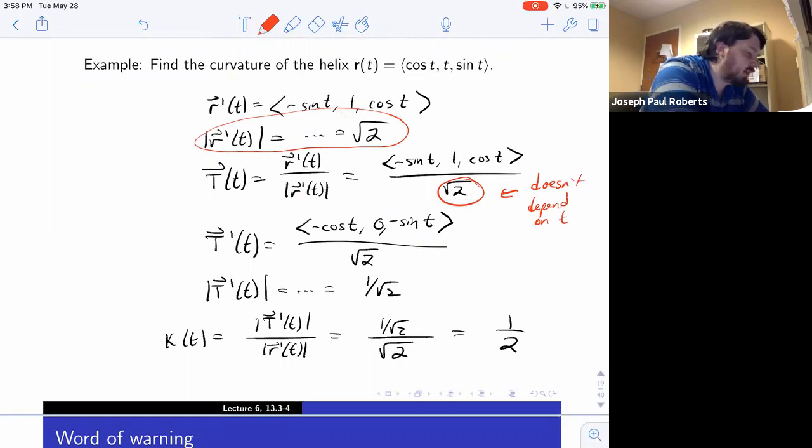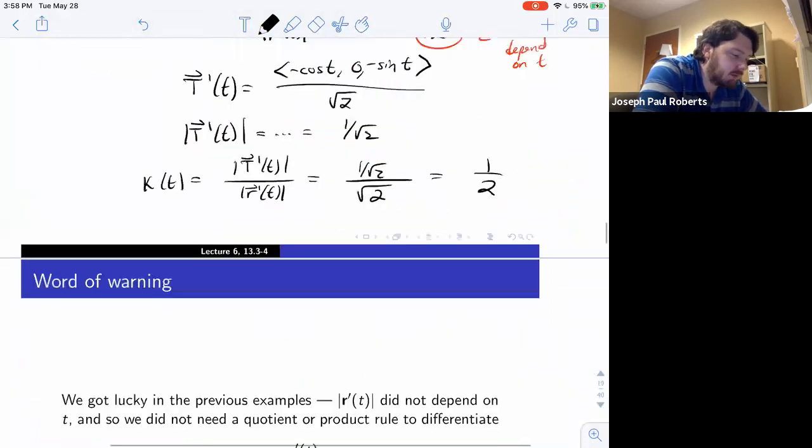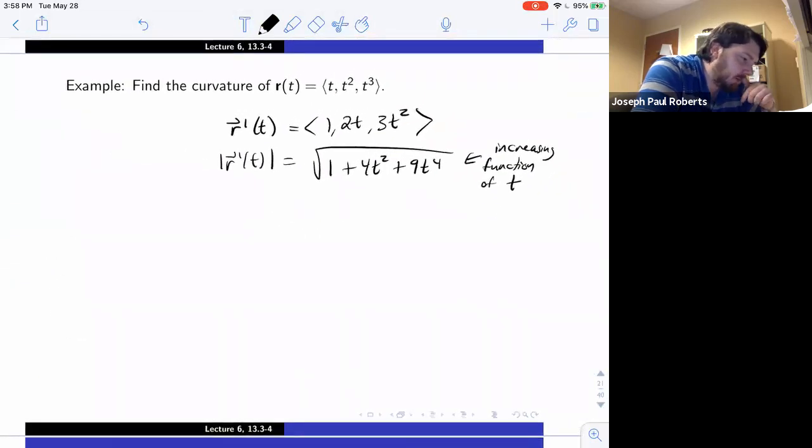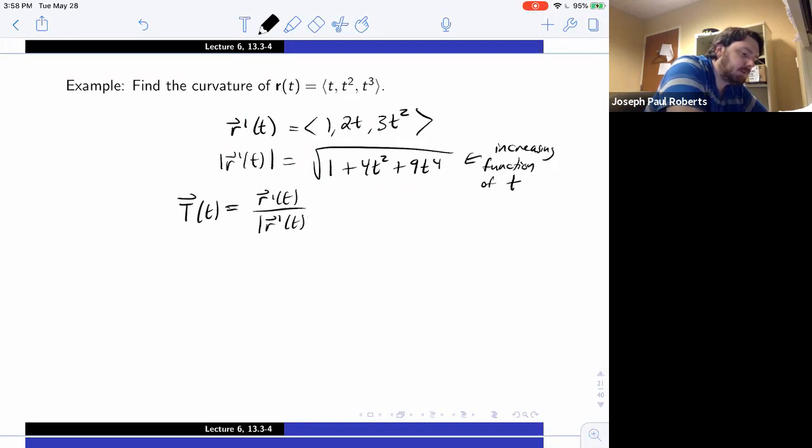But let's just take a look at a concrete example for when it does, so you can see. So I think that's what I was starting a few minutes ago when we jumped ahead. Let's say I'm taking the curvature of this thing. So I start off the same way. I get R prime, I get the length of R prime. Now I get T, which again, as always, T is R prime normalized.